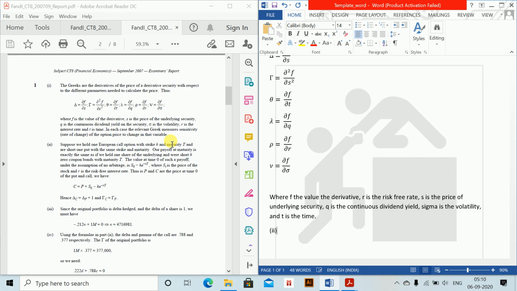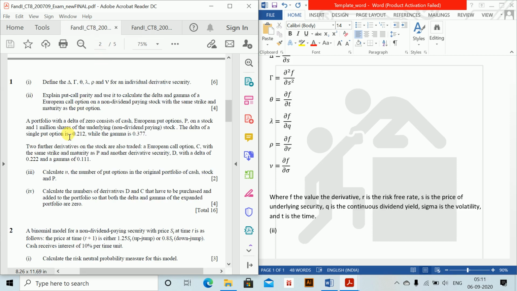Next, in part 2, we'll cover this as a normal derivative question using put-call parity. They've given us a portfolio with delta of 0 consisting of cash, European put options on a stock and 1 million shares of the underlying stock. The delta of a single put option is minus 0.212, while gamma is 0.3772.